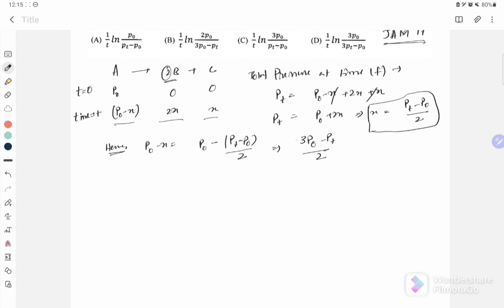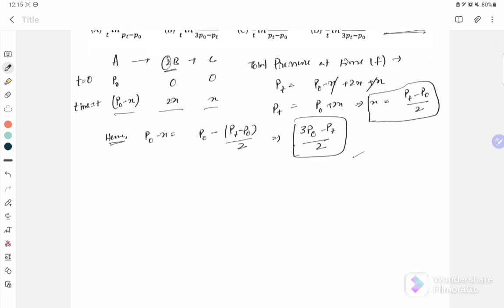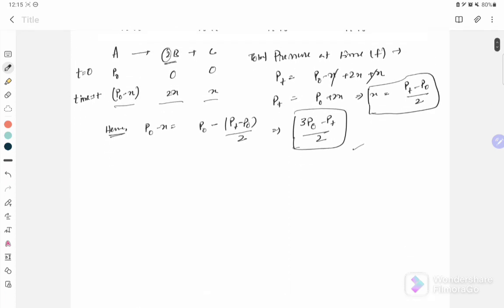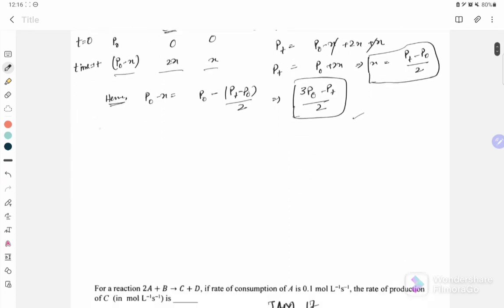Now, for a first order reaction, the rate constant k is 1 by t ln P0 by P0 minus x.